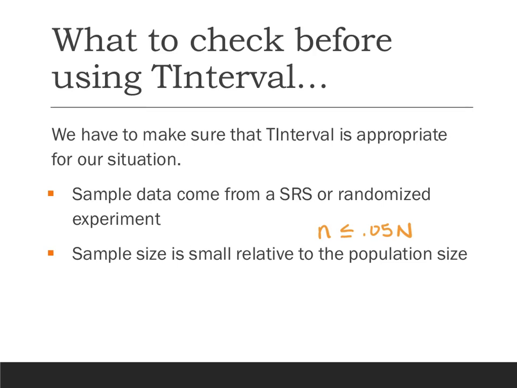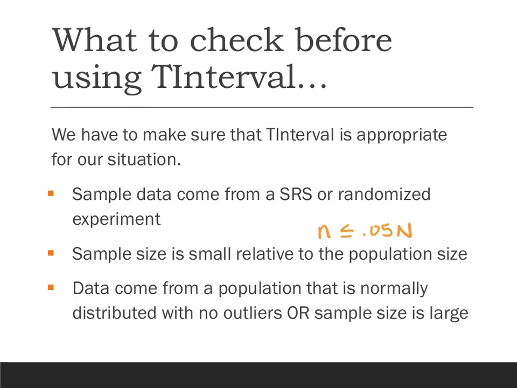All right, and then last but not least, our data needs to come from a population that is already normally distributed with no outliers. So that's a big thing. We've got to make sure we don't have any outliers, or our sample size is large.